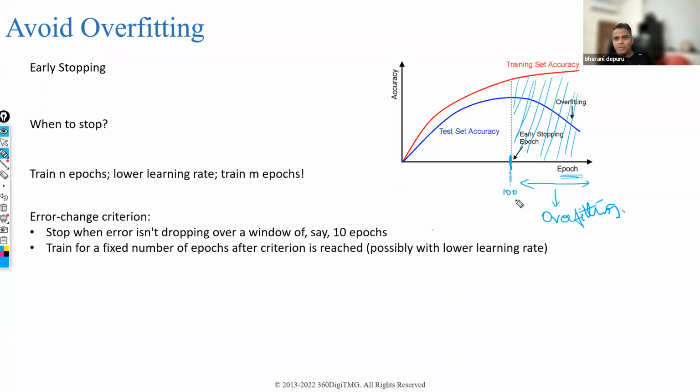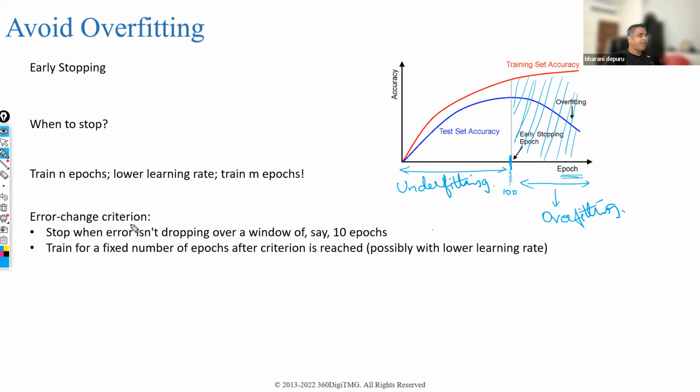But if you train your model for a smaller number of epochs, less than 100, then this zone is called underfitting. So on one side you have underfitting, on another side you have overfitting. Okay.